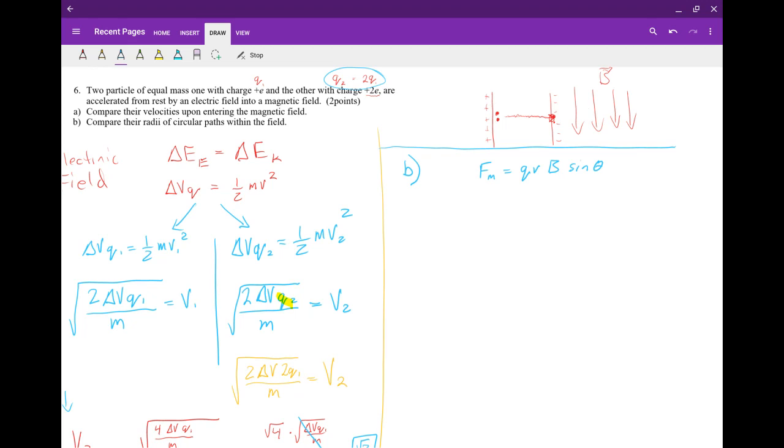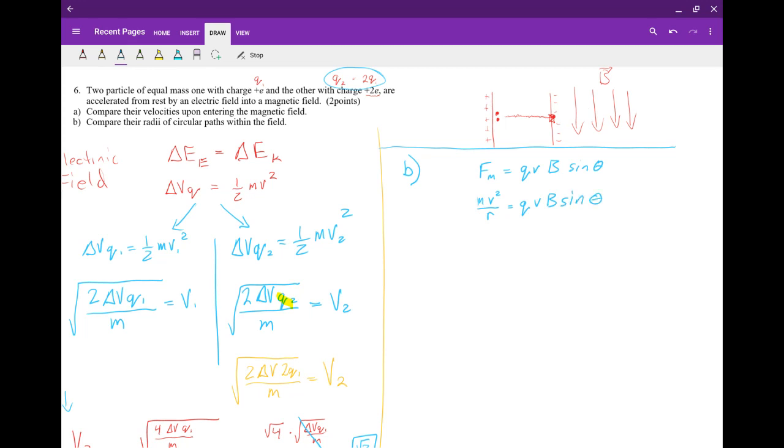So force magnetic is m a_c, but remember a_c is just V squared over R. So I'm going to replace my centripetal acceleration with V squared over R. M V squared over R is equal to QVB sine theta.